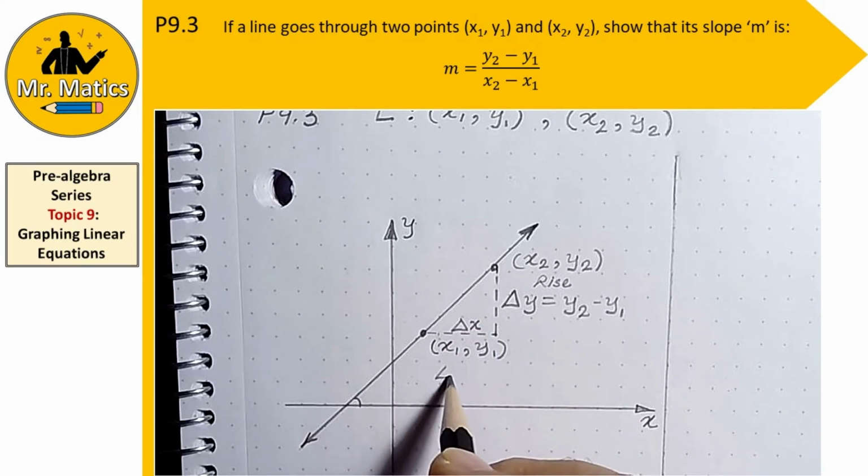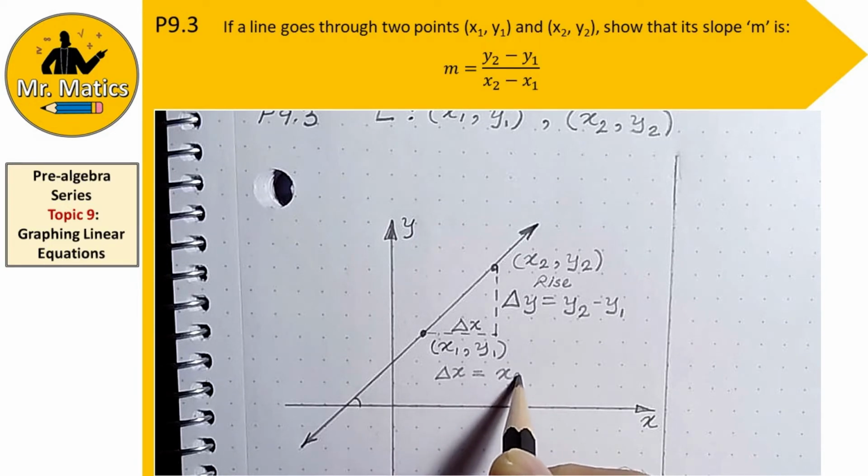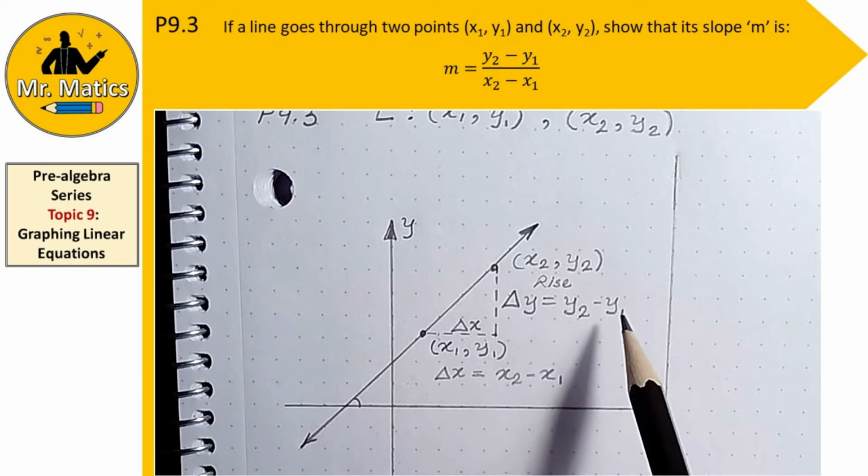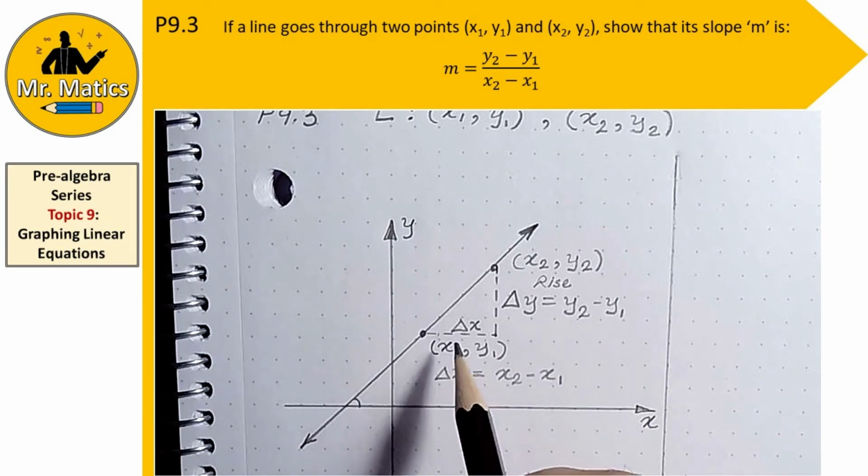And delta x is x2 minus x1. It's not like x2 has to be greater than x1, or y2 has to be greater than y1. You can take it any way, but the answer should not matter.